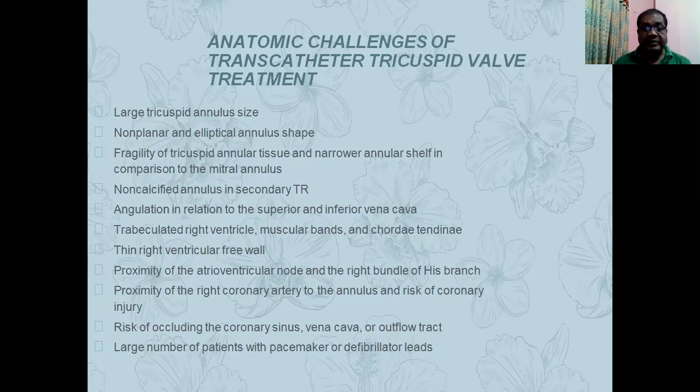There is proximity of the atrioventricular node and the right bundle of His to the annulus, and proximity of the right coronary artery to the annulus, with a risk of coronary injury. These all make it very vulnerable to injury, particularly during transcatheter placement of a tricuspid valve. There are also other risks, like occluding the coronary sinus, the vena cava, and the outflow tract. A large number of patients with pacemaker or defibrillator leads may make it very difficult to place a transcatheter valve.